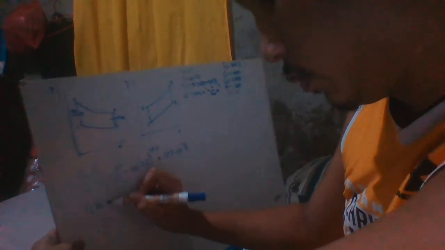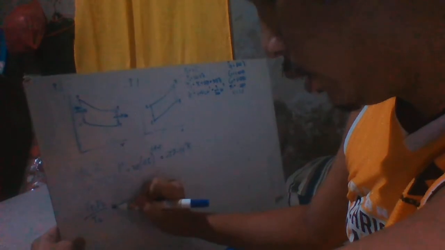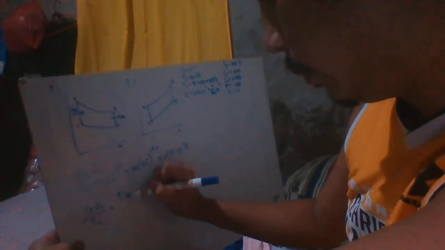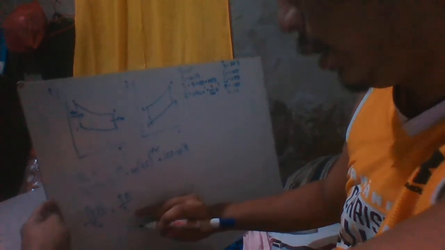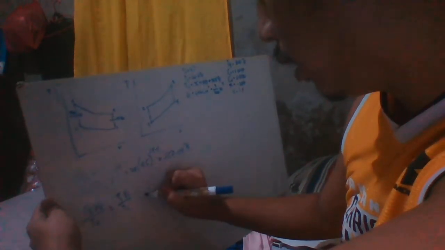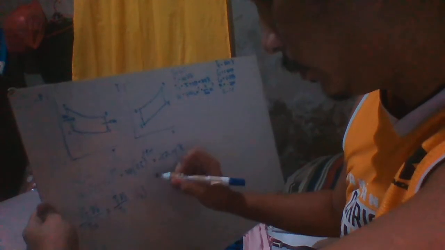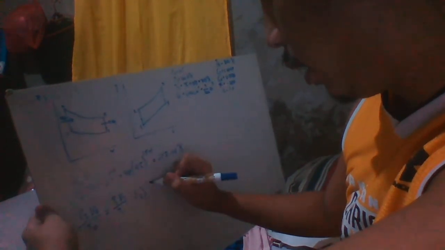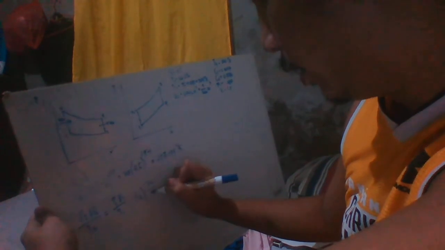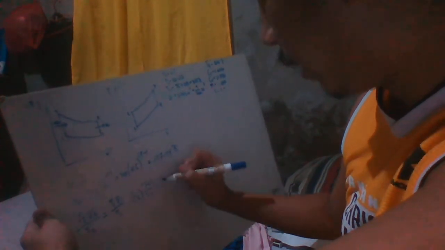Now we will proceed to pressure 2. As the relationship P2 V2 over T2 is equal to P1 V1 over T1, as we transpose this equation, we have P2 equals r times T2 over T1 times P1.